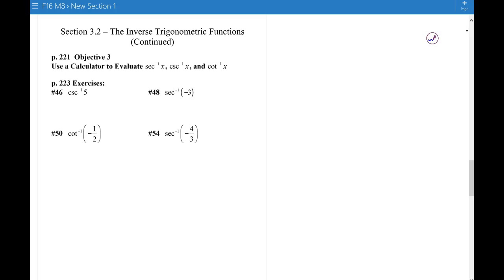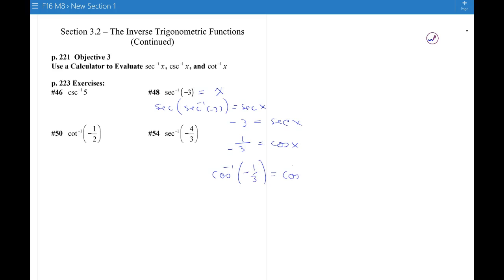So we just did a cosecant, so let's do a secant inverse. So if I do the secant of both sides, then I get that negative 3 is the secant of x. So 1 over negative 3 is the cosine of x. So cosine inverse of negative 1/3 is the cosine inverse of the cosine of x, which is x.